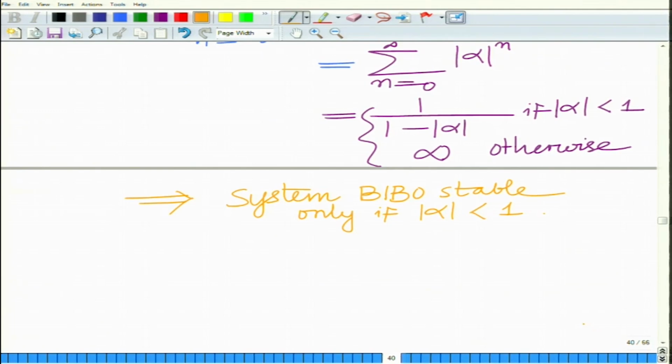Otherwise it is an unstable system. BIBO stable only when magnitude alpha is less than 1.